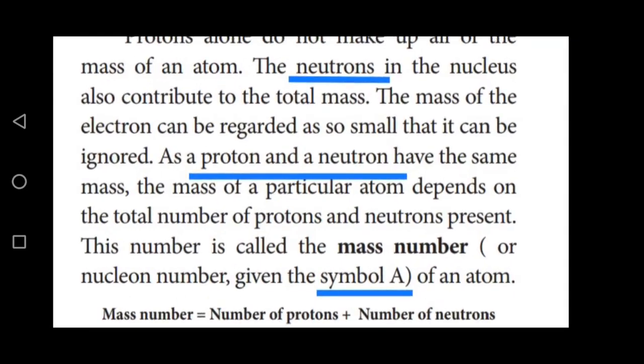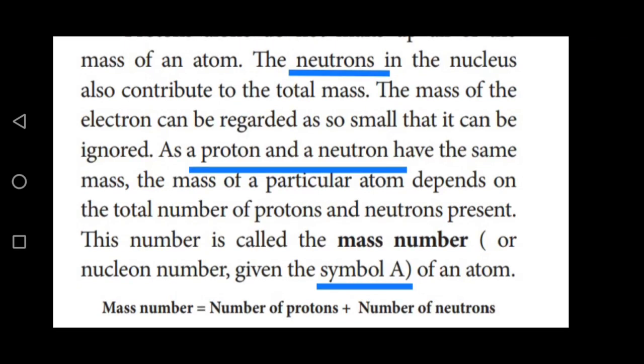Number of protons and number of neutrons are called the mass number, that is, the sum of protons and neutrons. This mass number is denoted by what letter? The symbol of mass number is capital A.